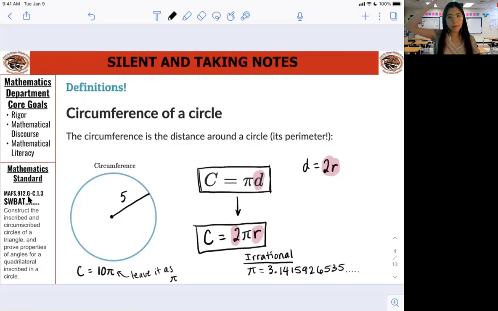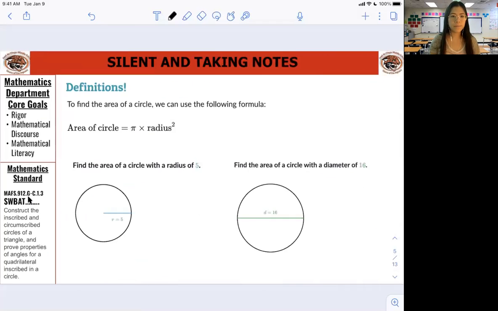Any questions on that? Okay, so if the radius is 5, it's very easy to calculate the circumference. And okay, moving right along.